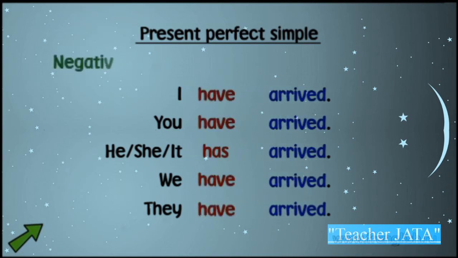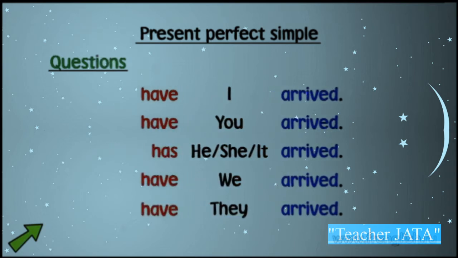We form the negative of the present perfect with haven't or hasn't and the past participle form of the verb. To form present perfect questions, we move have or has before the subject.